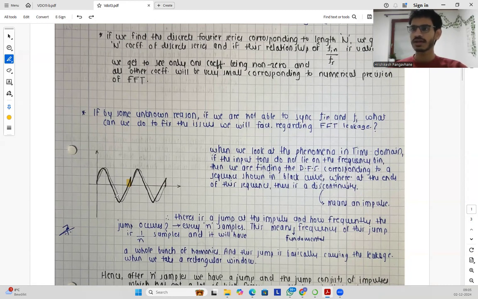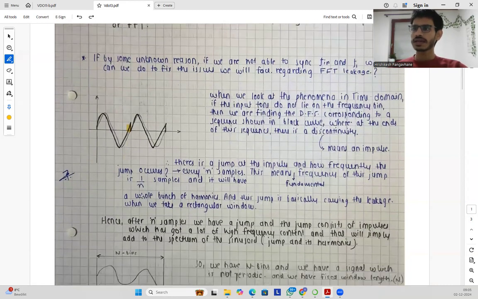After n samples, we have a jump again, and the jump consists of impulses which have a lot of high frequency content: the fundamental frequency of the jump and its harmonics. Those add to the spectrum of the sinusoid and result in distortion, meaning all the bins are occupied instead of just two bins.